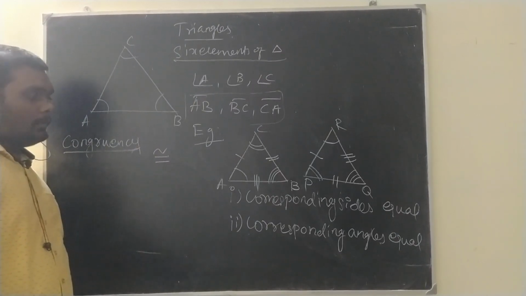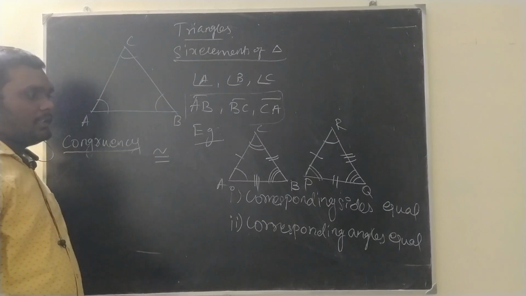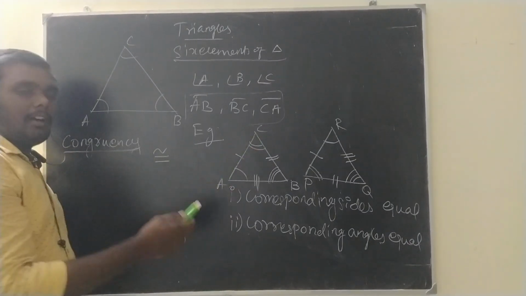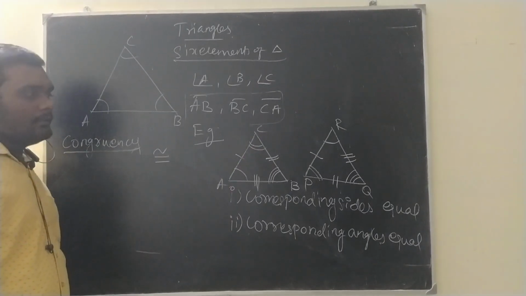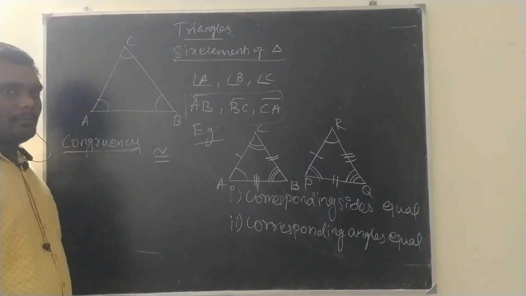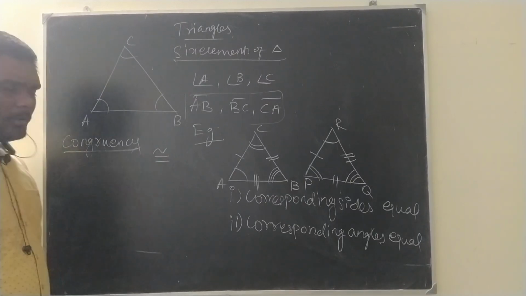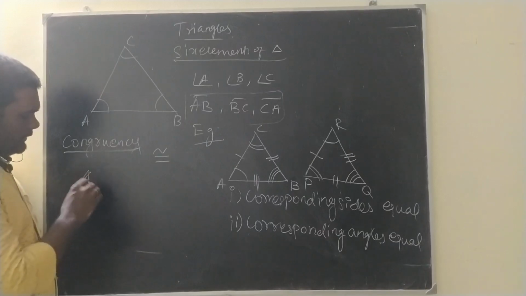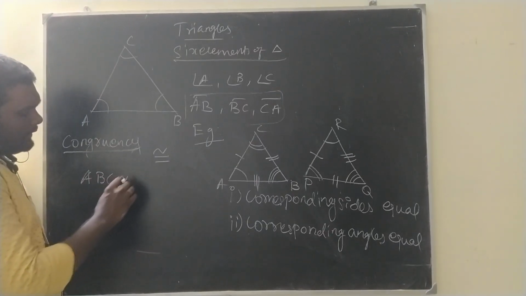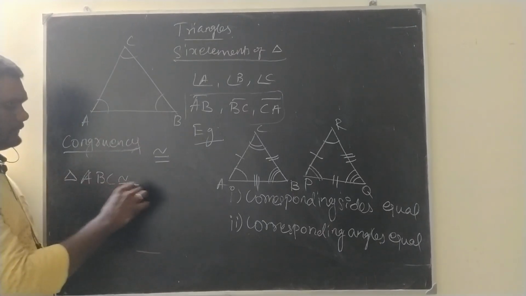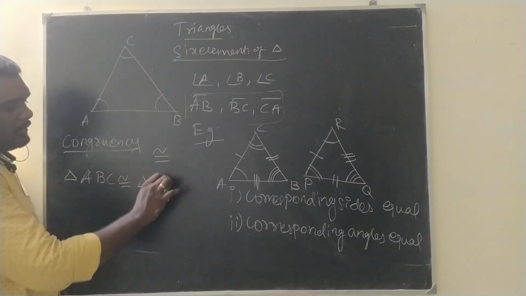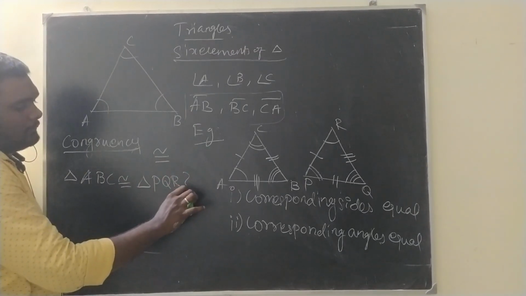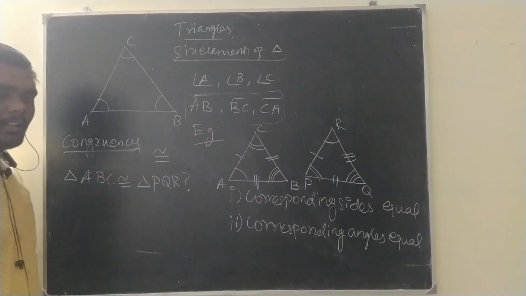Now, in the example itself I gave that all three corresponding angles and the corresponding sides are equal. Now, is it okay to write triangle ABC is congruent to triangle PQR? No, it is not.